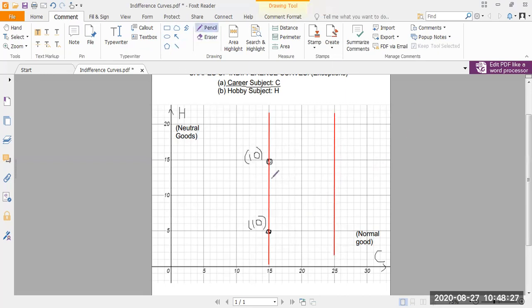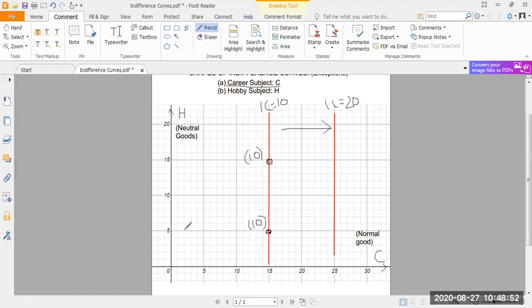That is my career subject. That will essentially push me to a higher indifference curve. So if this indifference curve represents 10 units of satisfaction, then this indifference curve might represent 20 units of satisfaction. So having more of the marks obtained in my career subject gives me more amount of satisfaction, gives me more amount of utility.